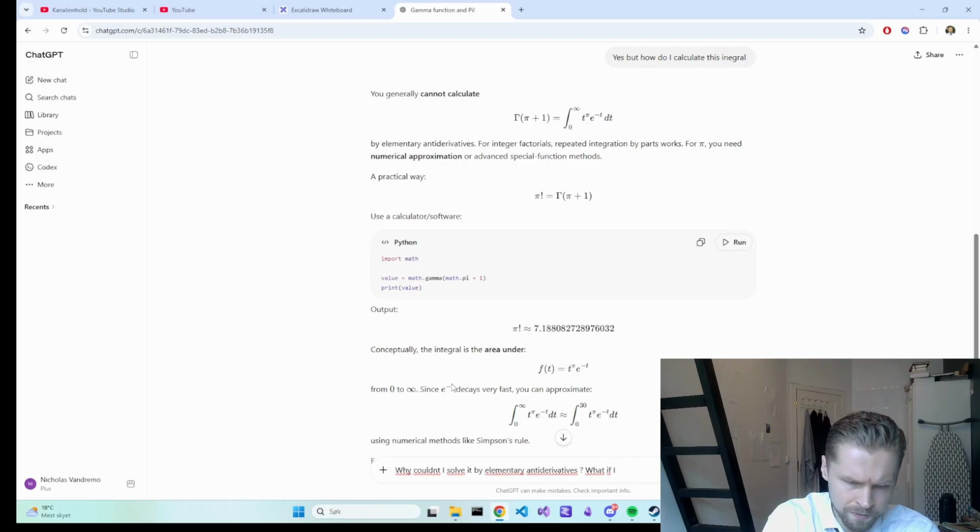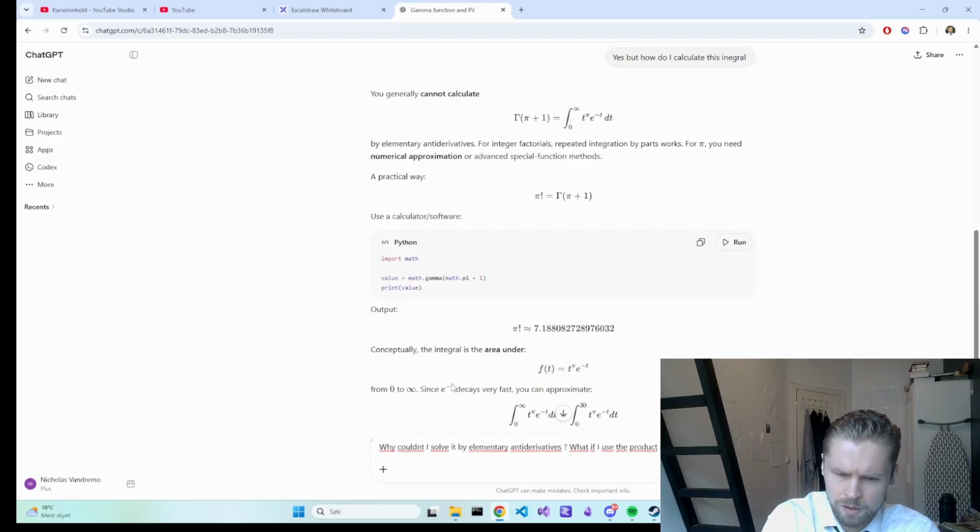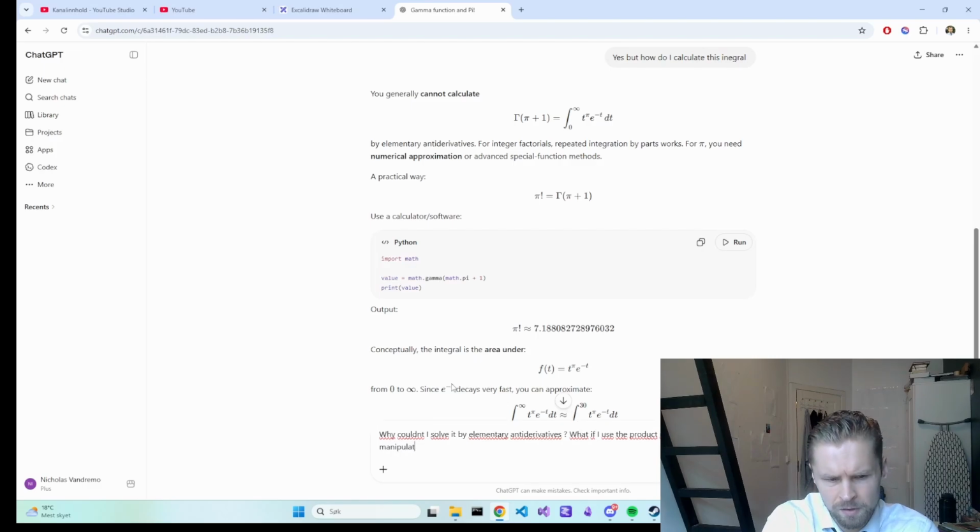What if I use the product rule from derivations and manipulate it to serve me in solving this?